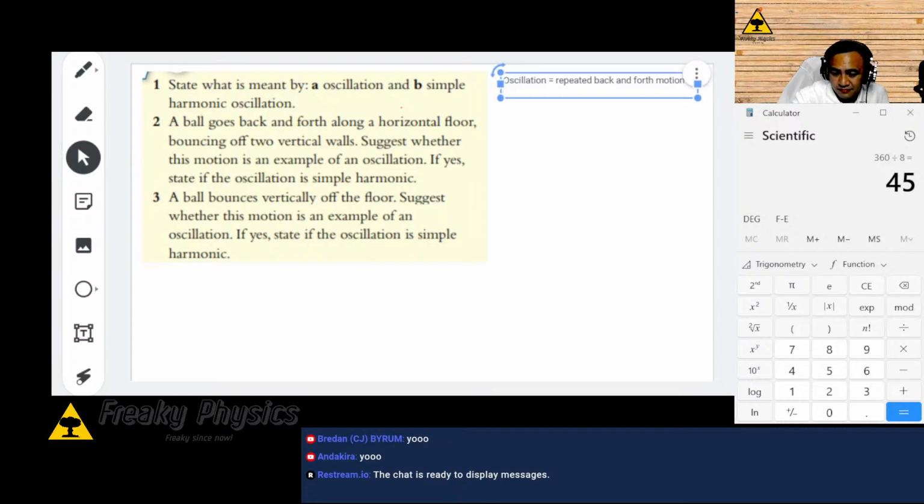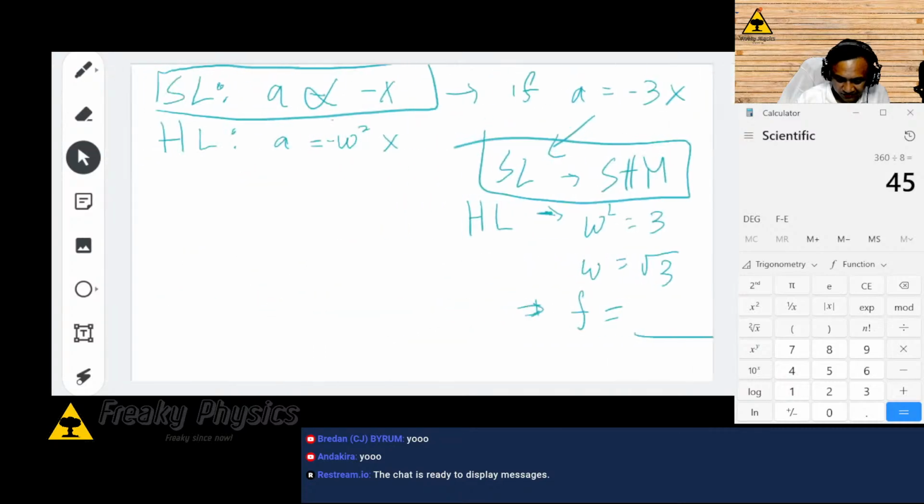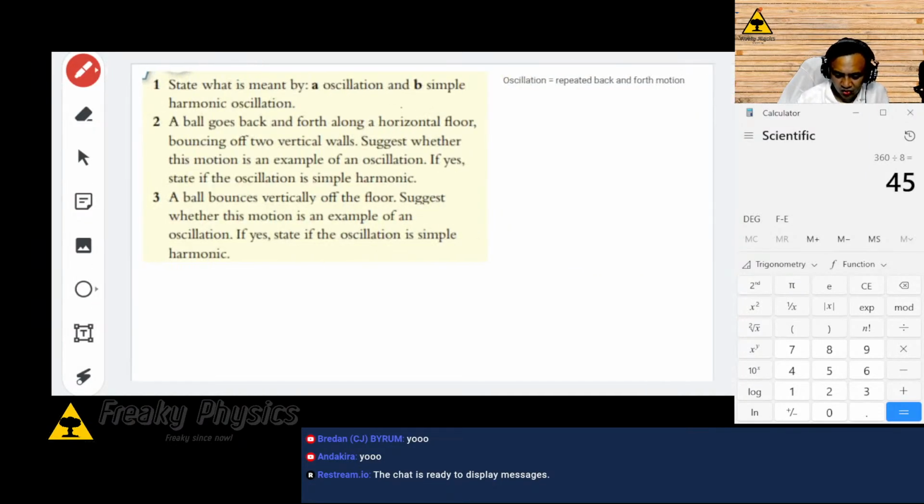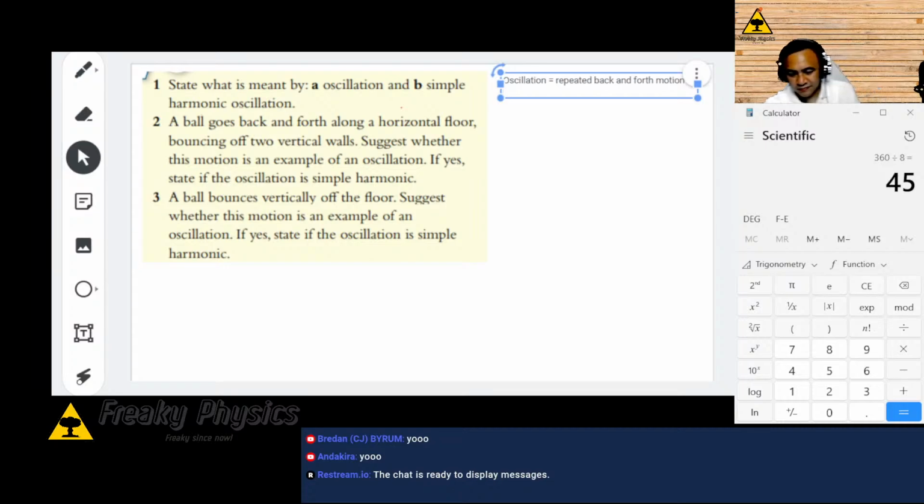Let me give you a clue. I'll go back to something right here. Acceleration indirectly proportional to the displacement. You don't say indirectly in this case. You say acceleration is in the opposite direction of the displacement.